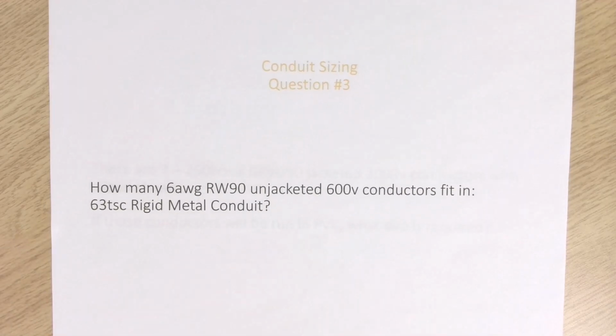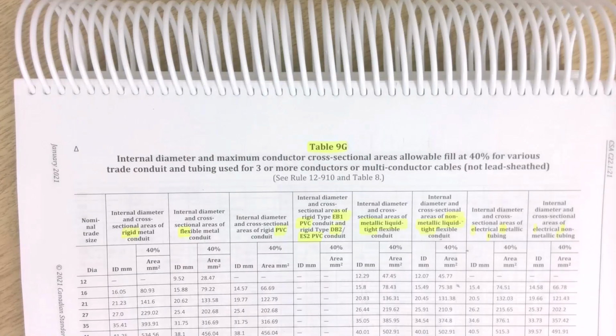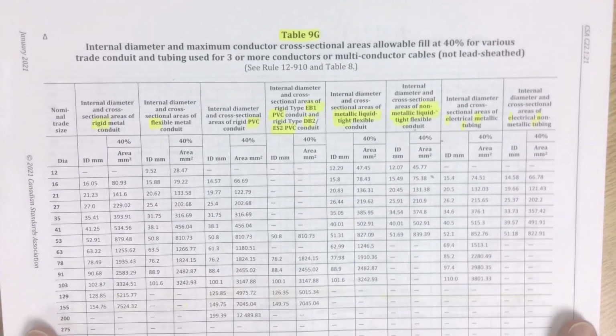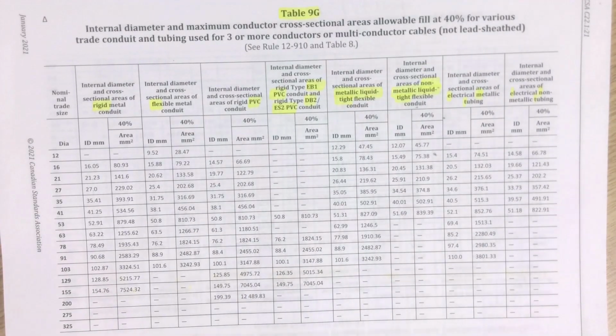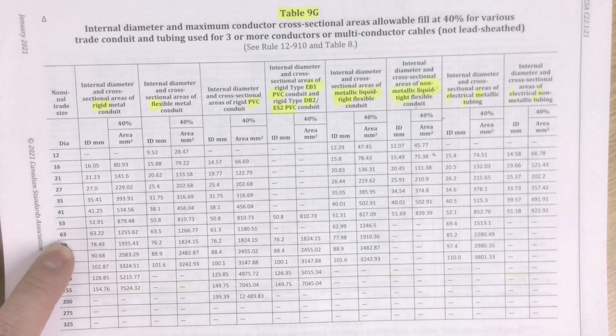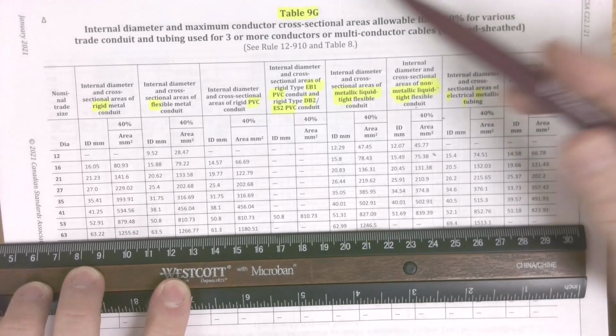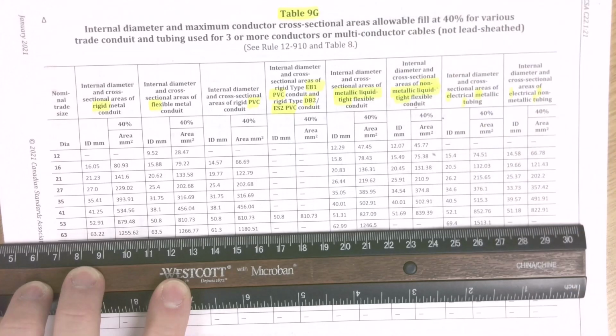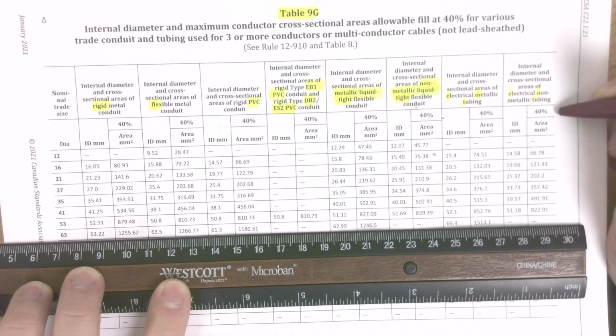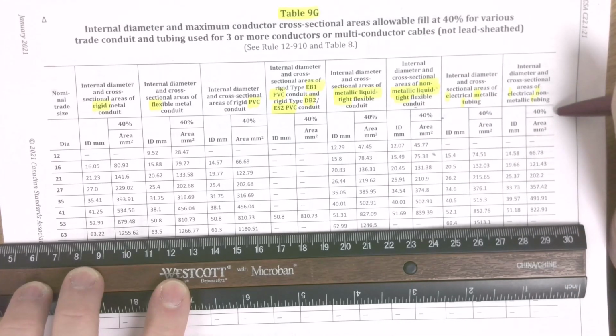So I'm going to look at this one backwards to how we did the other questions. So with the given conduit size and type of conduit, it gave me a 63 trade size conduit of rigid metal. I'm going to take the area. I'm going to take it from 9G because that's 40% conduit fill.